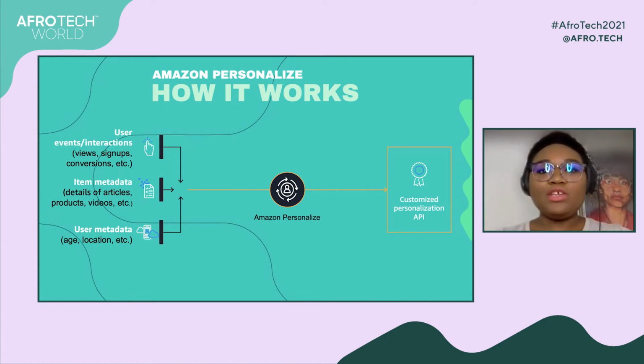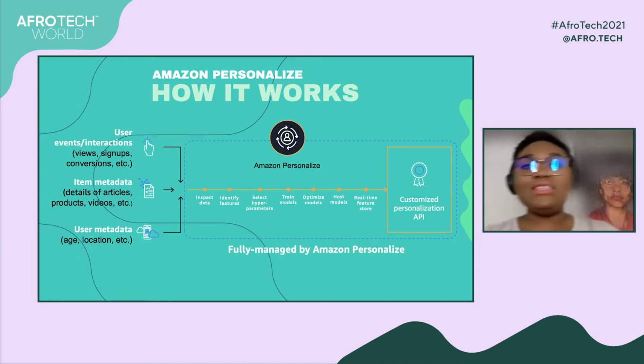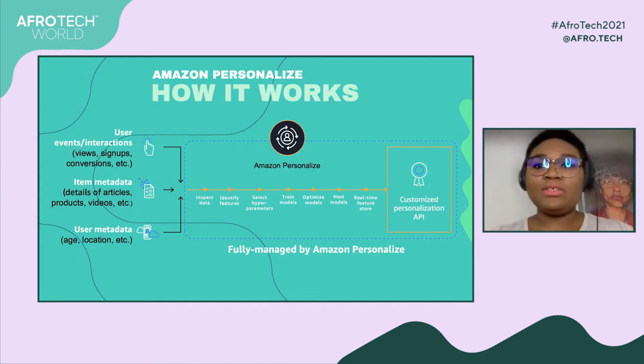which you consume in your application. But how does Personalize work under the hood? We've talked about all the different data sets that you send into Amazon Personalize. Behind the scenes, Amazon Personalize processes and inspects the data.